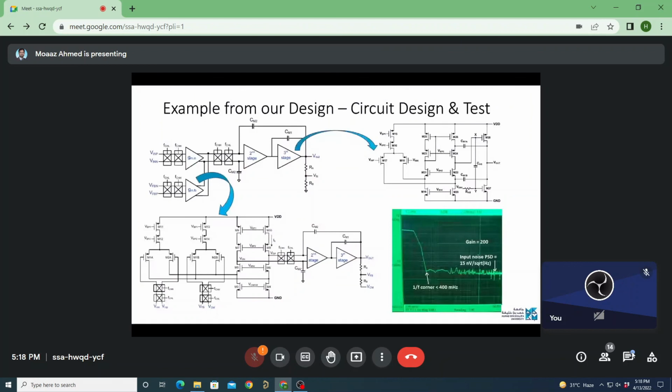The input noise power spectral density that was measured is 15 nanovolt per square root hertz. The closed loop gain of this amplifier was 200. We made it programmable with a set of RA, RB. You can change this RA, RB to vary your gain. And the flicker corner is pushed down to less than a hertz, to 400 millihertz.